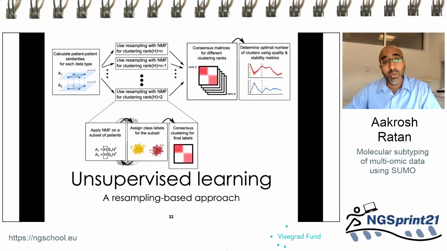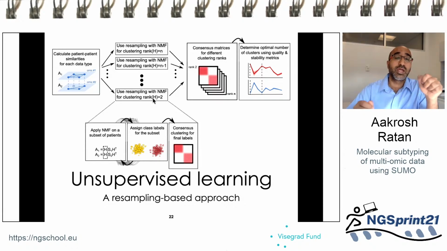The way we do this is by using resampling to our advantage. So the idea is, let's take an example where we have two different data types, and we have converted them into similarity networks, and then we have done the decomposition for r equal to 2, right? And instead of taking the complete data set and doing this decomposition, we are going to take 80% of the patients and do this decomposition.